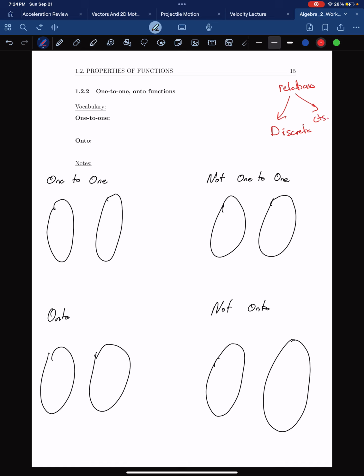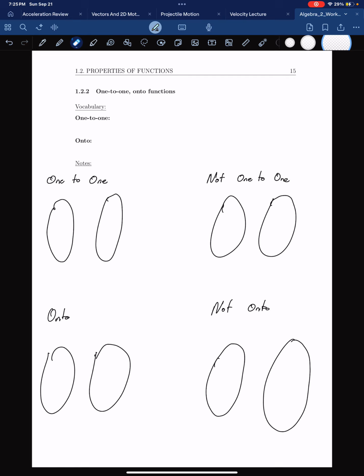And then a type of relation is a function. So because a function is a relation, it can be discrete or continuous. But those aren't types of functions. Think about discreteness and continuity as a characteristic of a relation, and one-to-one and onto functions as types of our functions. So anyway, back to the video.